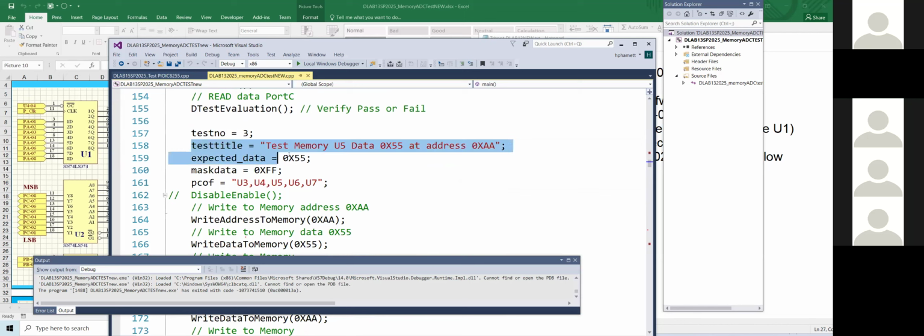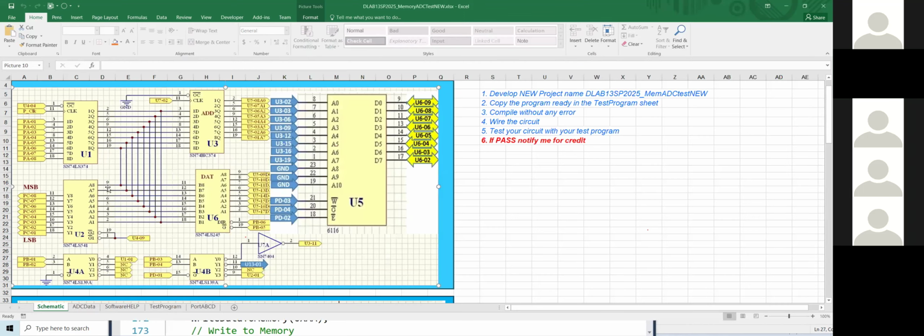Now, this is the key point: the memory file for a data file address at location AA. So you know the expected file math will be FF, and the peak regarding this test will be U3, U4, U5, U6, U7.